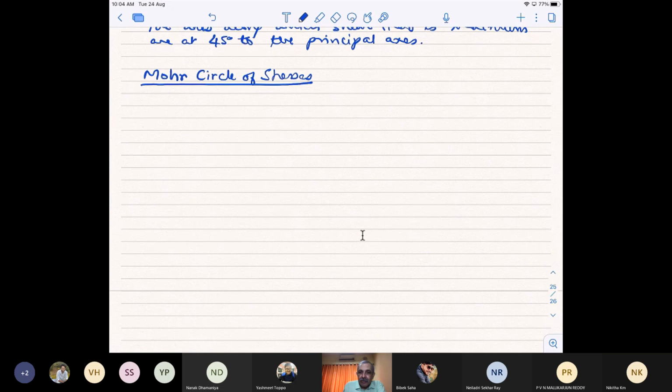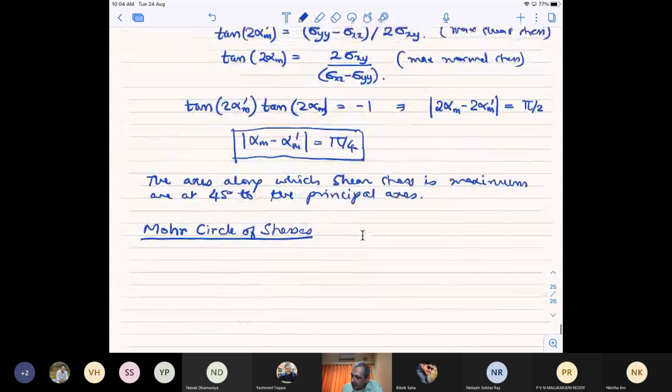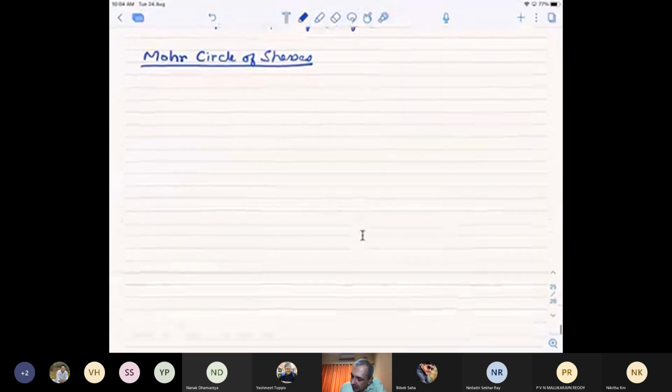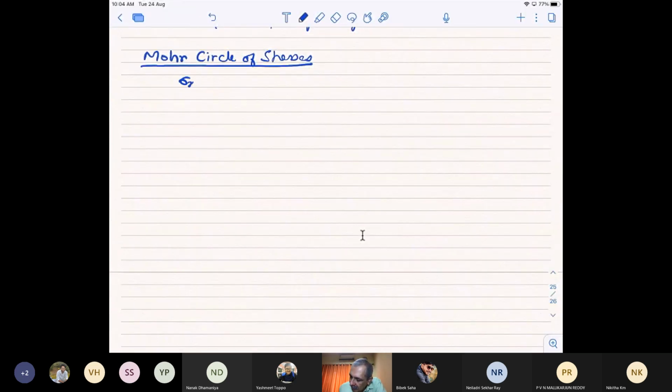So what we can do is, we have already got this. So I'm going to write this formula again, where we have sigma x prime x prime. I'm going to call that as just sigma, just by the short form.